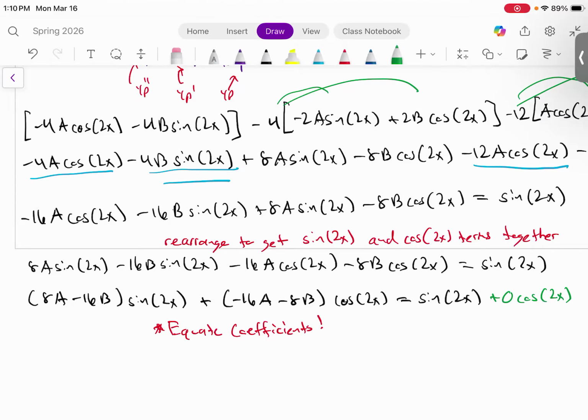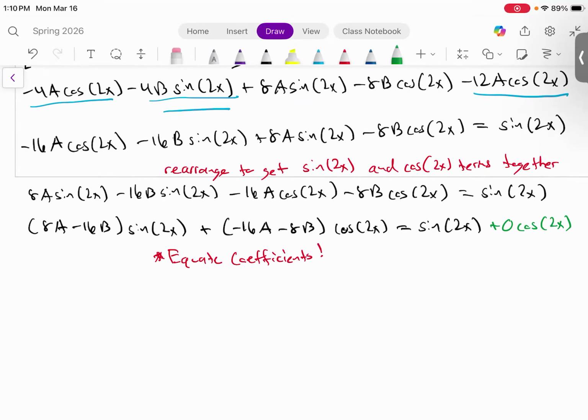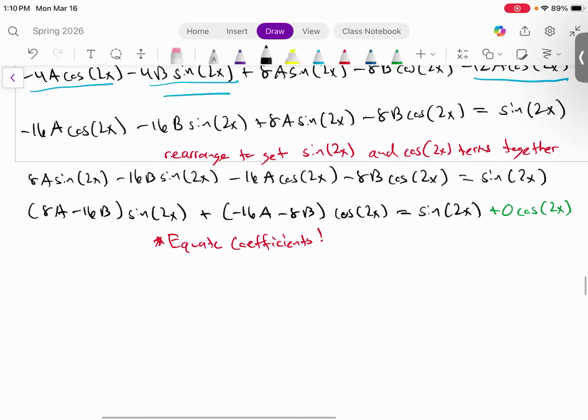But okay, let's go ahead and start equating the coefficients. So here we are in step 1, or equation 1, we have 8a minus 16b sine of 2x equals sine of 2x. Well, we can equate coefficients. Think about there being an invisible 1 right here in front of the sine.